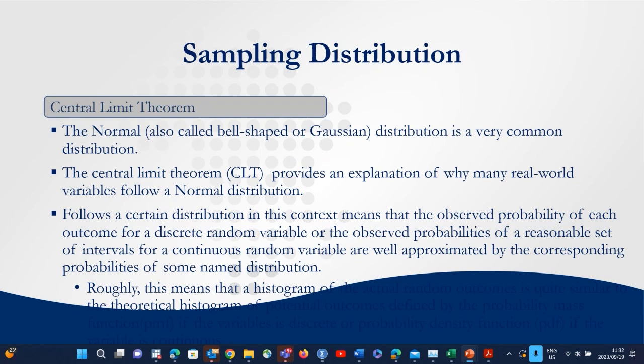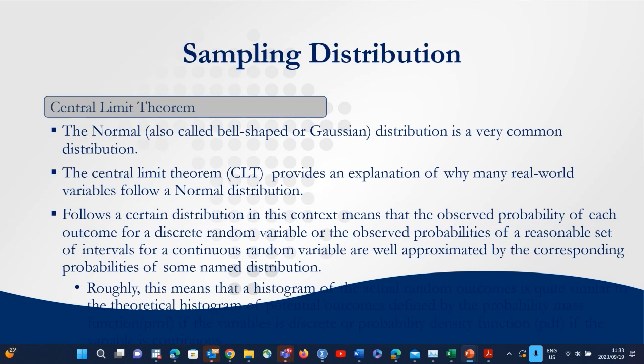We also have the central limit theorem that tells us that for large samples, the sampling distribution of the mean. Remember, here we are talking about analysis that is centered around the mean. The sampling distribution of the mean will approach a bell shape.